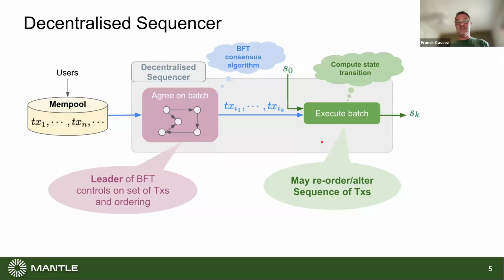It's usually an assumption in the designs of shared and decentralized sequencing that the executing module will not alter the result of the batch. So that's a strong assumption as well. I'm going to try and show you how we can fix these issues with our design.